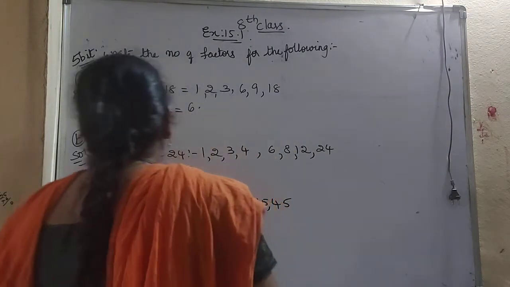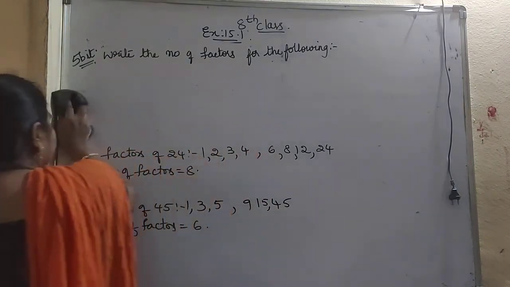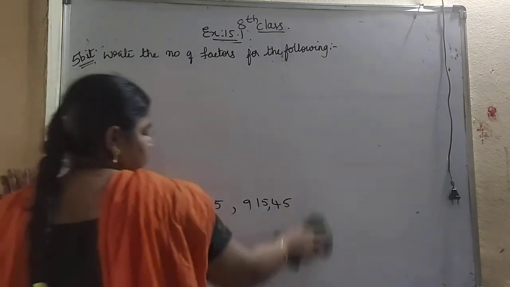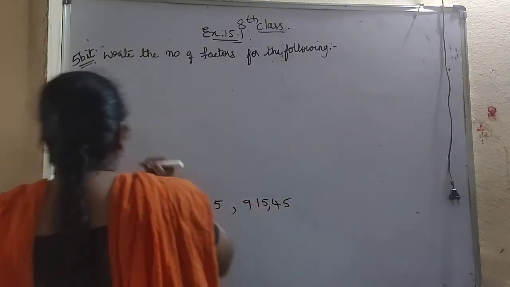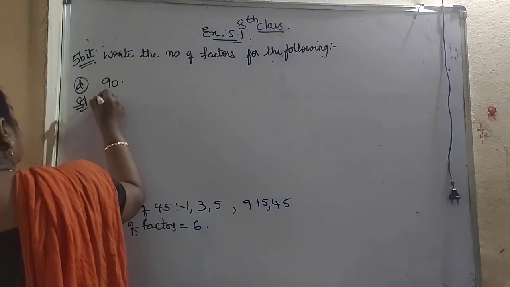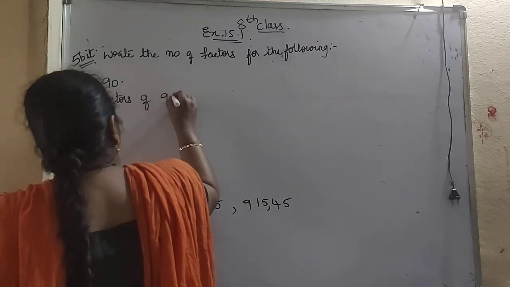Next one, 90. So how many factors are there? Factors of 90.